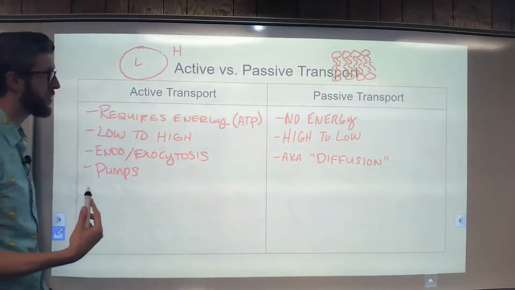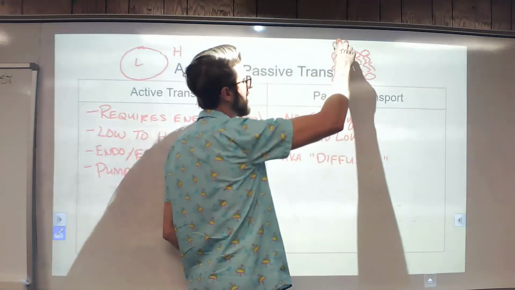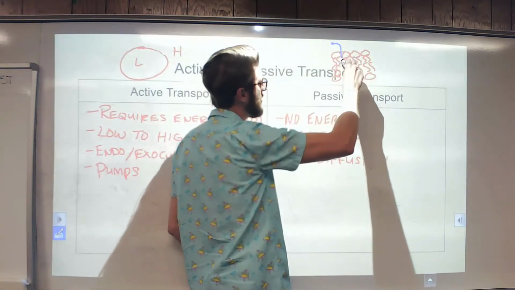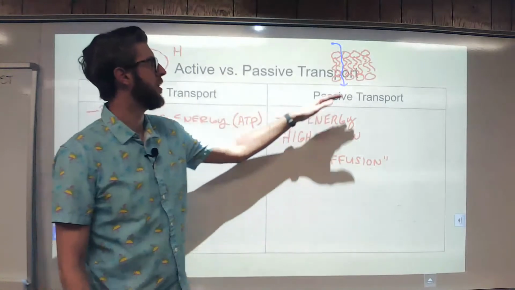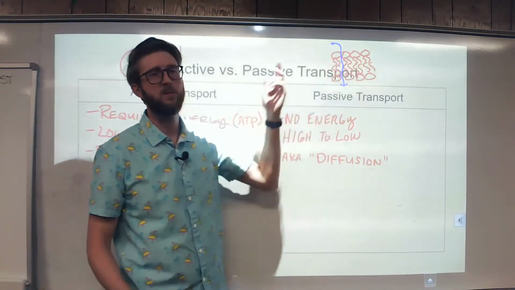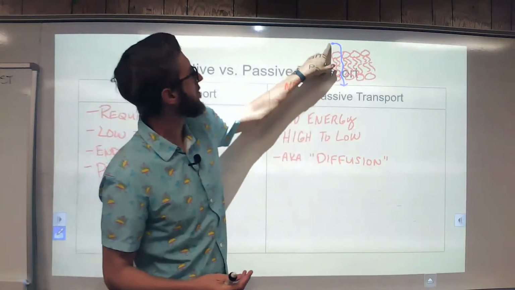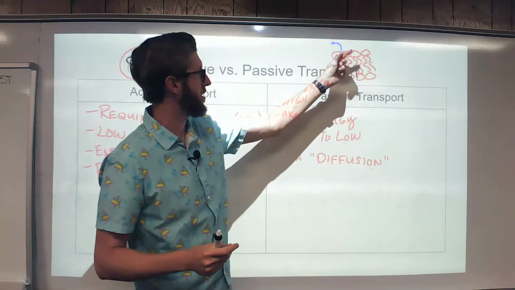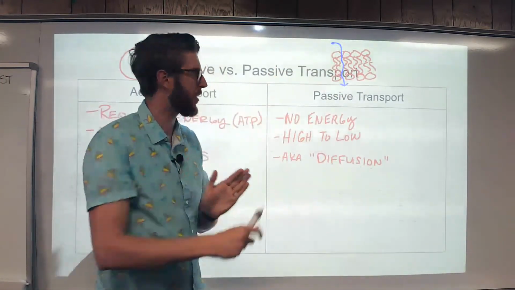Some things are small enough to go from outside the cell to inside the cell, just simply because they're so tiny, they can squeeze right through the gaps. Not that there really are any gaps, but there are tiny little spaces between these heads. They're not bonded together, okay? So something, if it's small enough, can just squeak right through.